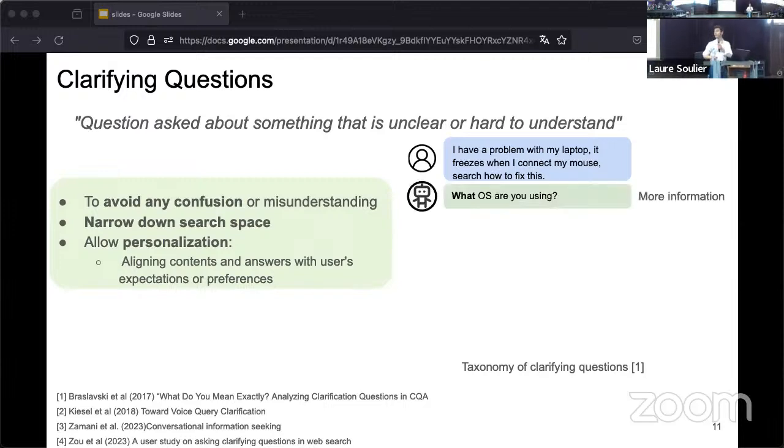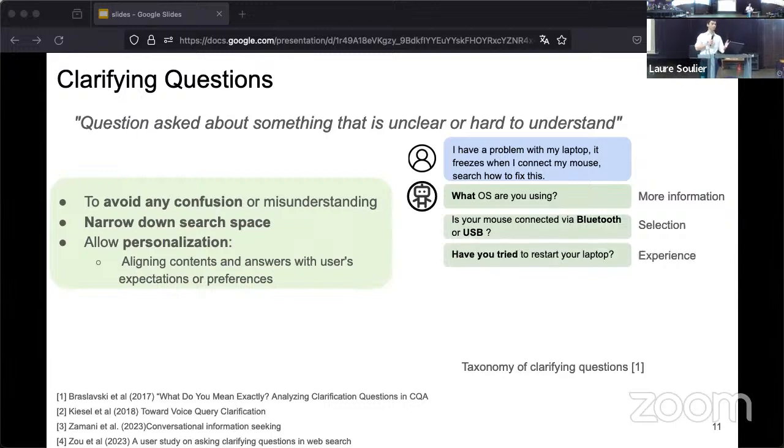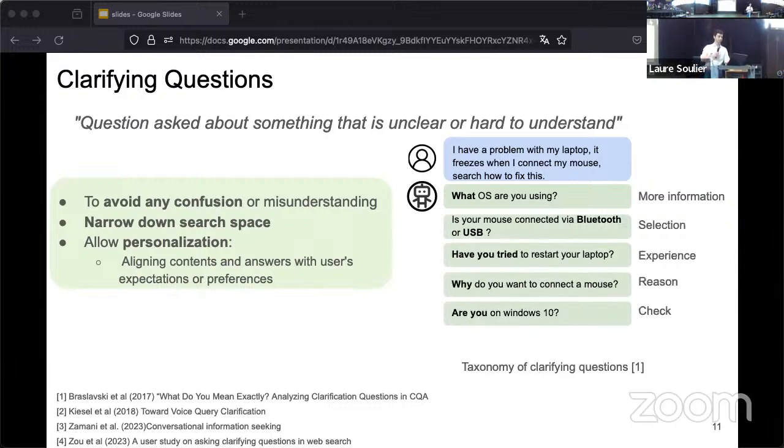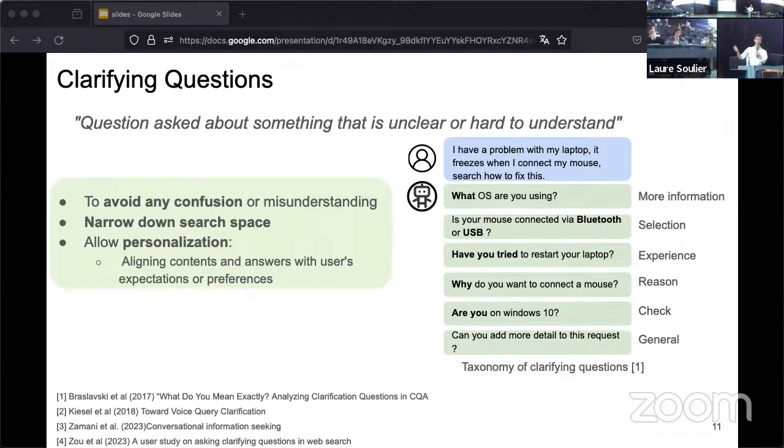So for example, given the query, "I have a problem with my laptop, it freezes when I turn my mouse," a possible clarifying question from the system could be, "What OS are you using?" or "Is your mouse connected via Bluetooth or USB?" And there are other types of clarifying questions. So it helps the system to generate answers that are more specific and also narrow down the search space.